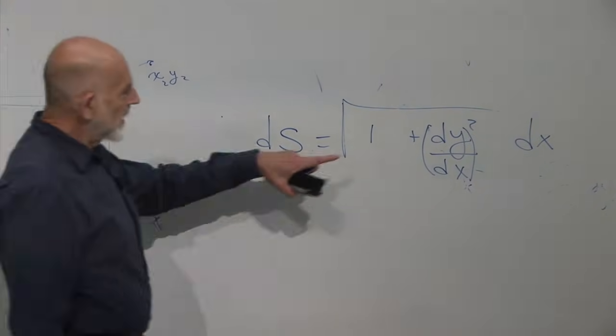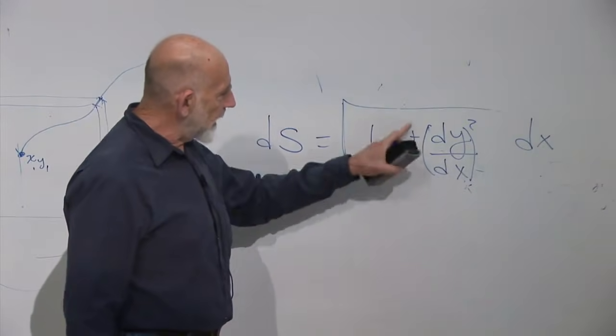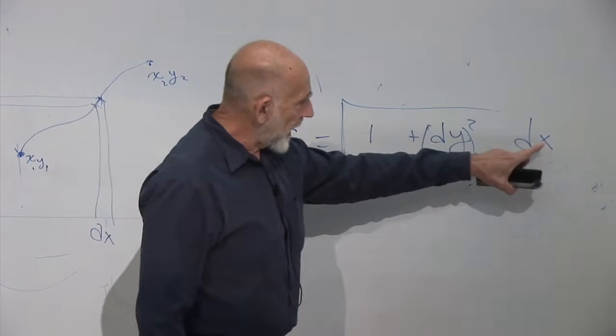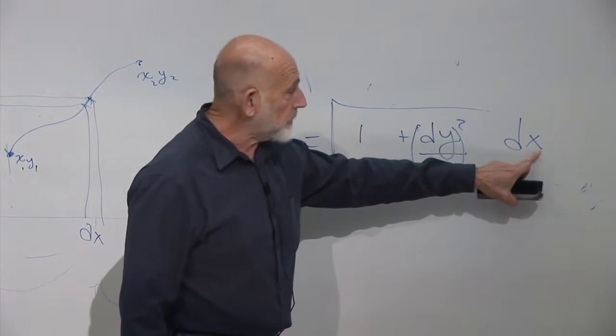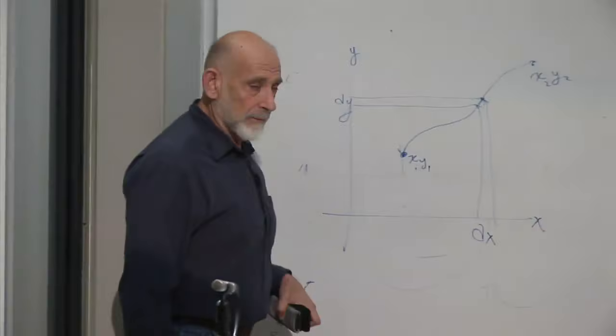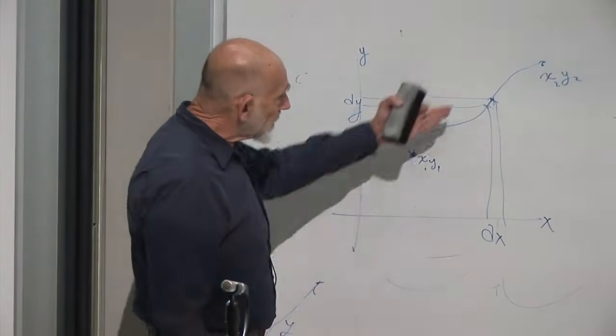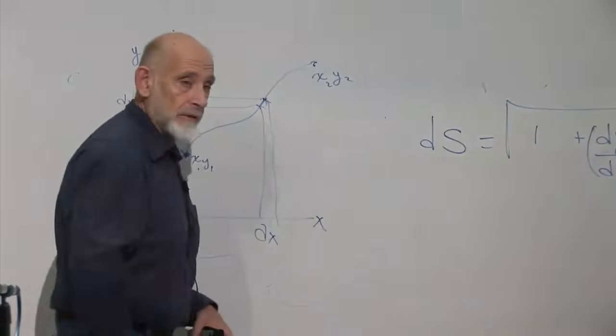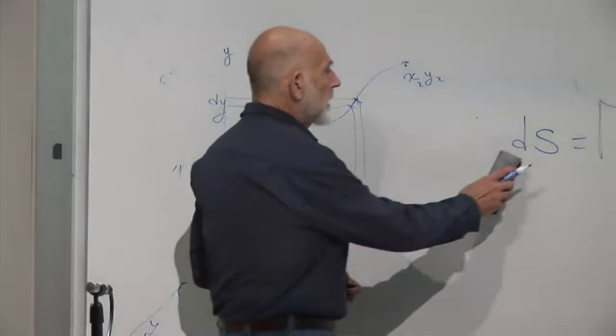All I did was divide in the denominator by dx squared, but that means I have to multiply by the square root of dx squared, which is just the dx on the outside. That's the distance in this little increment here. And then what's the total distance from here to here? The total distance is the integral, the sum of all these little incremental distances.